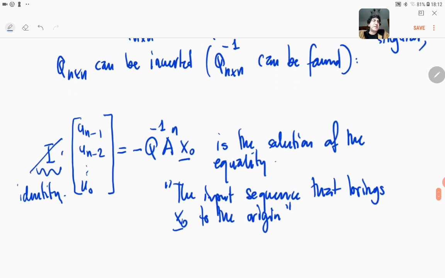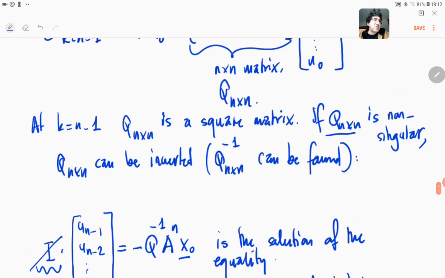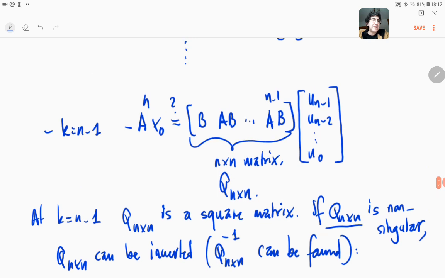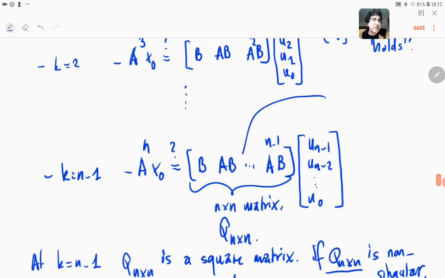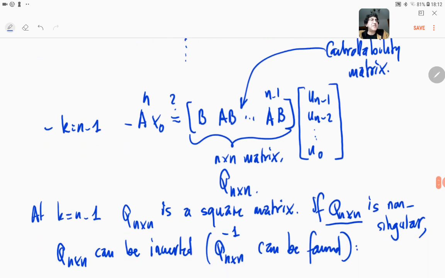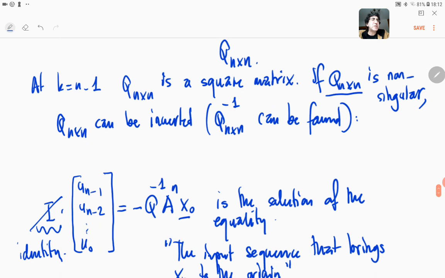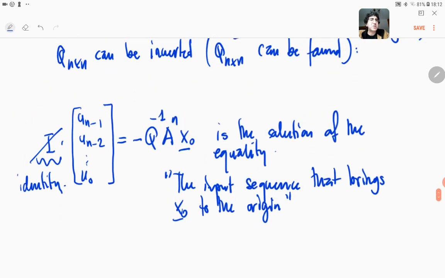Okay, so that means if this matrix, which you see is equal to the controllability matrix, is non-singular, then we have a unique solution for the input. We can just invert this matrix and multiply with minus A to the power n x0, and that's going to give us the input sequence. That's going to be our input sequence.